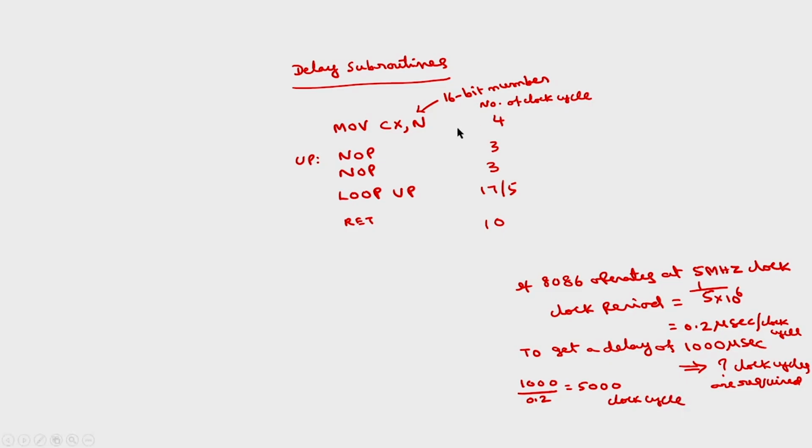If this program gives 5000 clock cycles, then this will give a delay of 1000 microseconds. This 1000 microsecond delay is required in the program that I have discussed in the previous slide. Okay. So how many times will this particular instruction be executed? This is the number of clock cycles, and the number of times the instruction is executed.